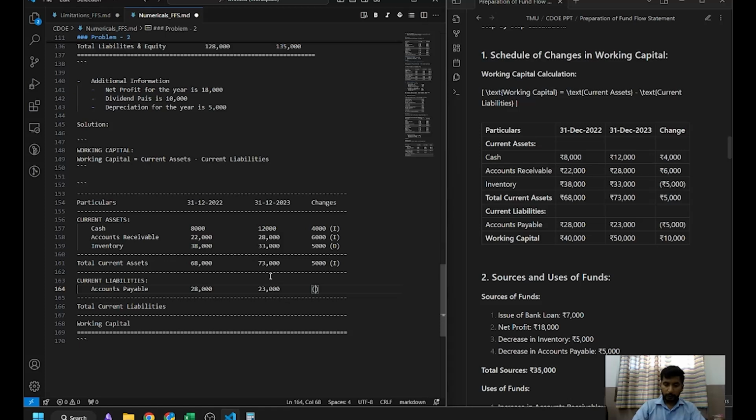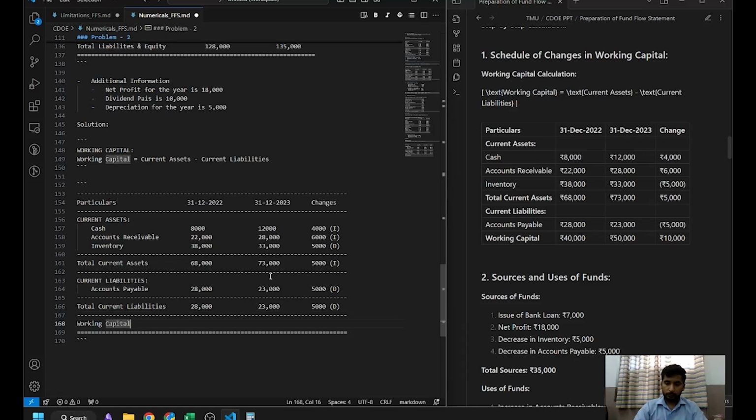That means there has been a decrease of 5,000, making my total current liabilities 28,000 for 2022 and 23,000 for 2023, a decrease of 5,000 year over year.